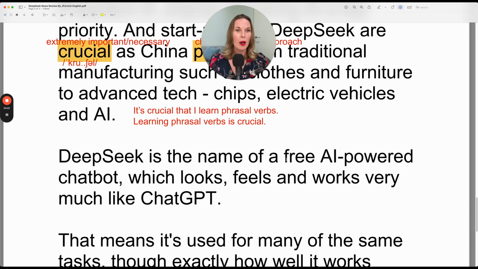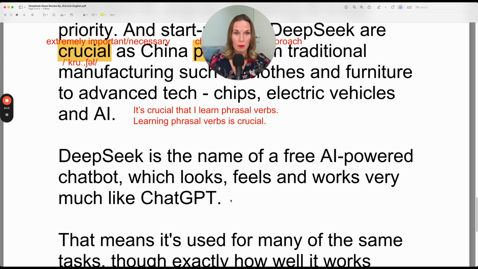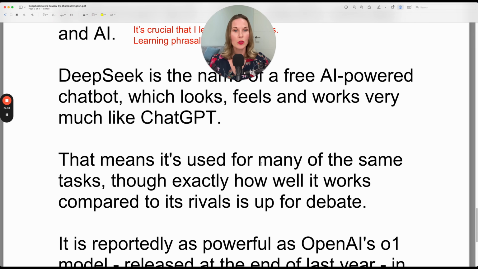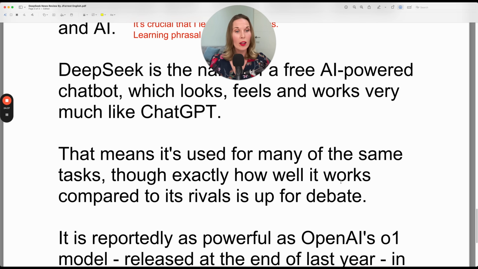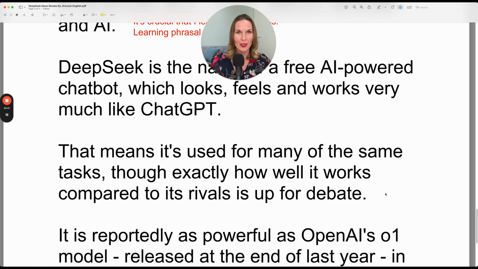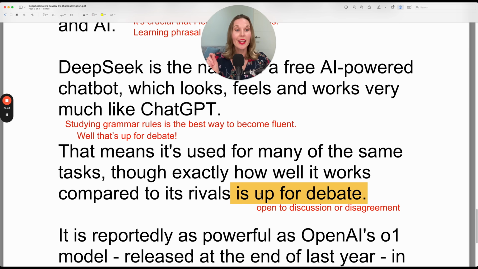DeepSeek is the name of a free AI-powered chatbot, which looks, feels, and works very much like ChatGPT. That means it's used for many of the same tasks, though exactly how well it works compared to its rivals is up for debate. Let's review this, is up for debate. This is an expression. So your verb is to be.